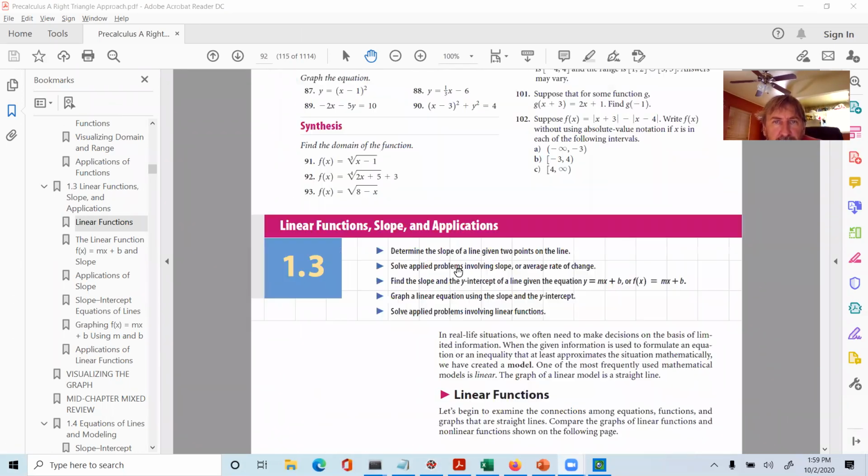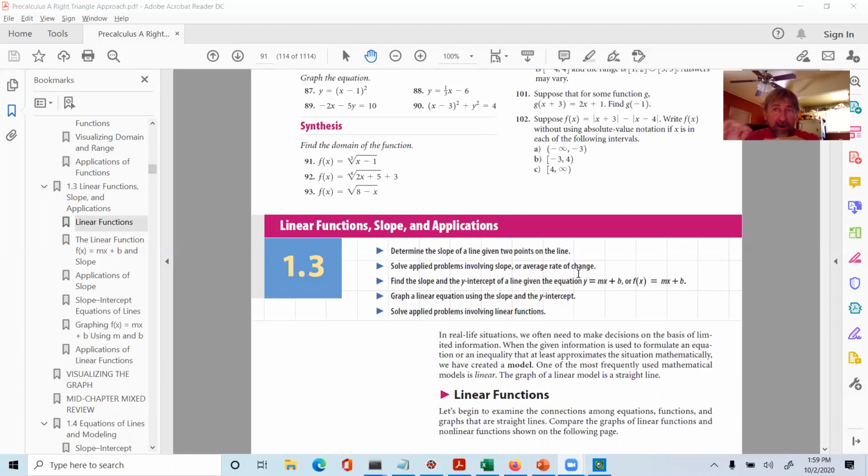All right, so we're talking about linear functions. Determine the slope of a line given 2 points on the line. So if we know 2 points, we can calculate the slope like I just did. m equals y2 minus y1 over x2 minus x1. Solve applied problems involving the slope or average rate of change. The rate of change of data, like how is the price changing with time?